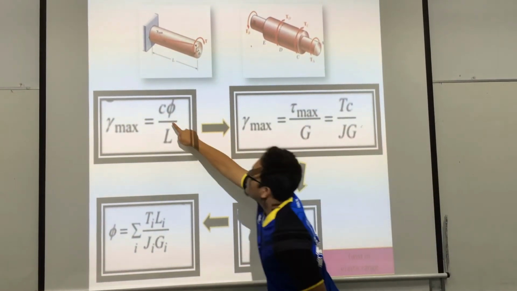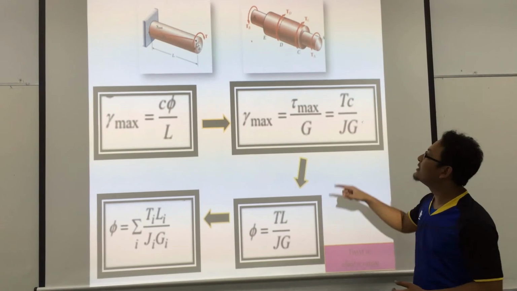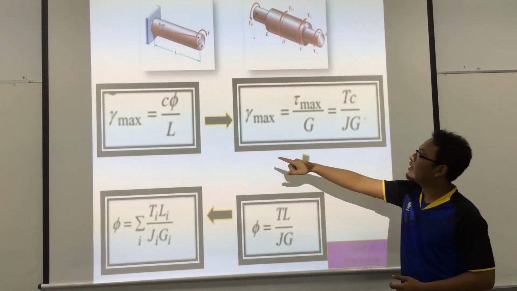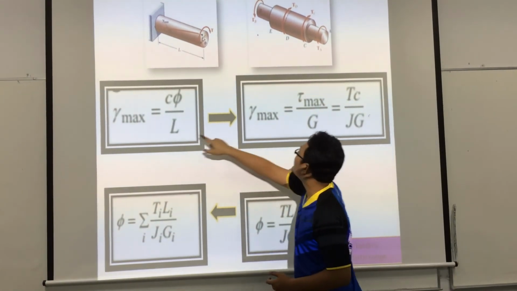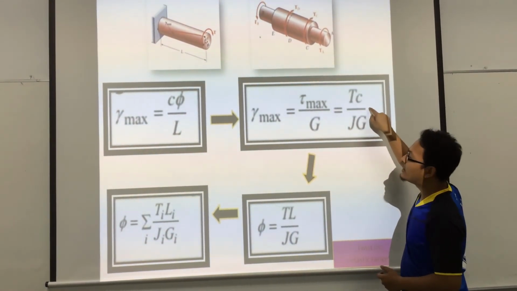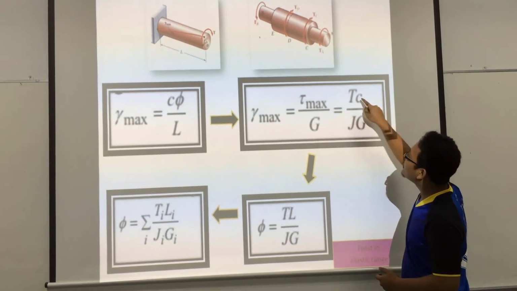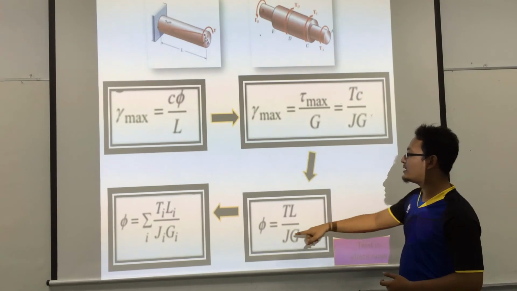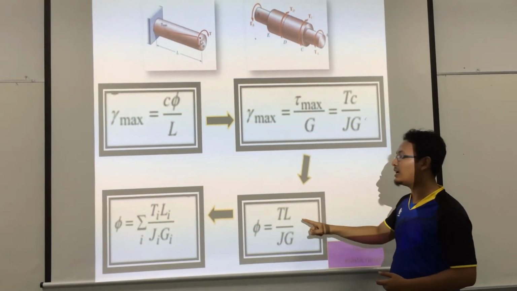Both C can be cancelled, and the L, if we want to move it to this side, we go from bottom to upper side, so that we get the angle of twist equal to TL over JG.